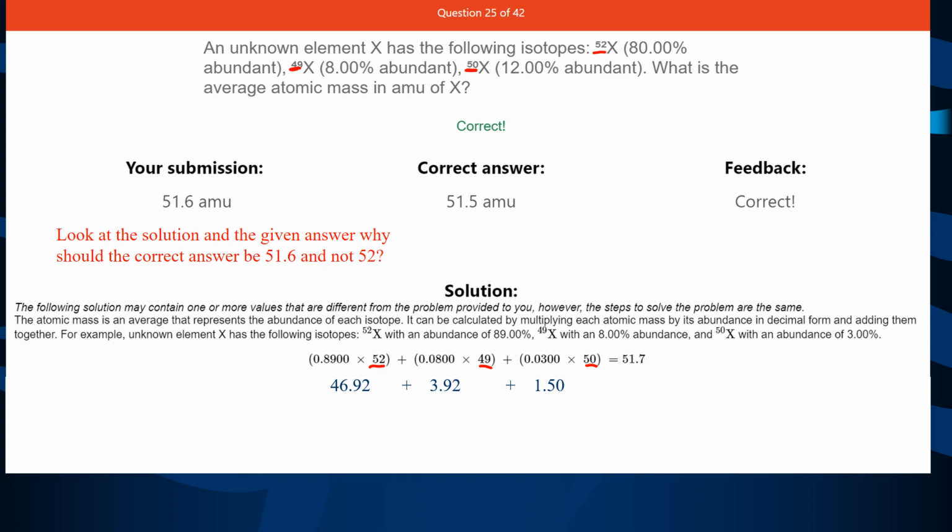Now we're adding here, so I still disagree with this.